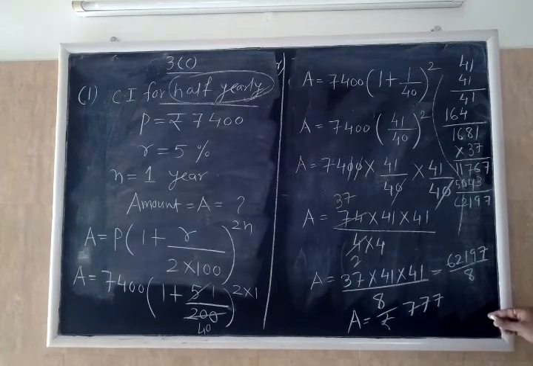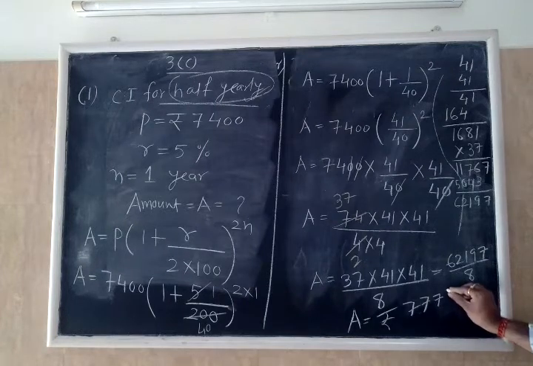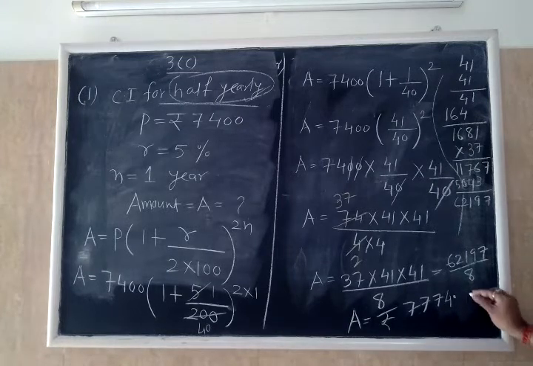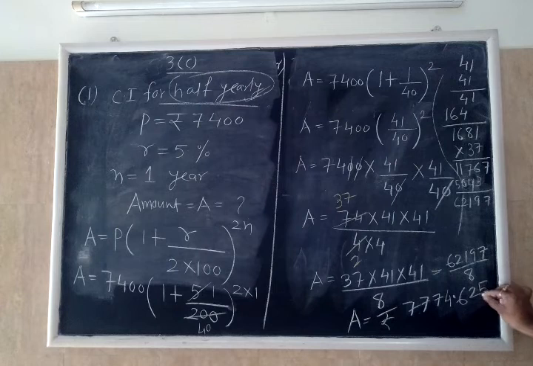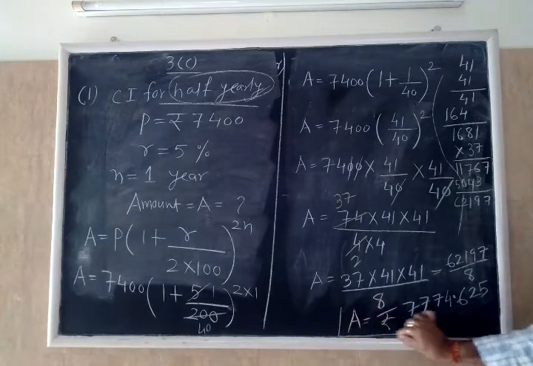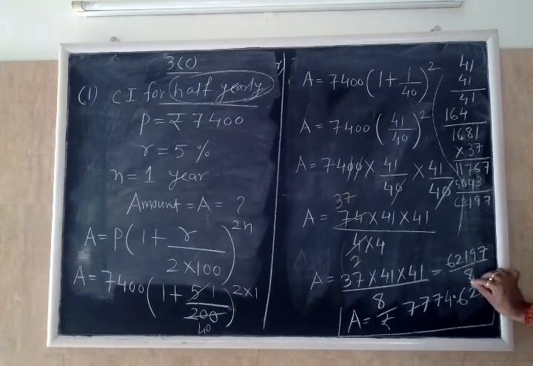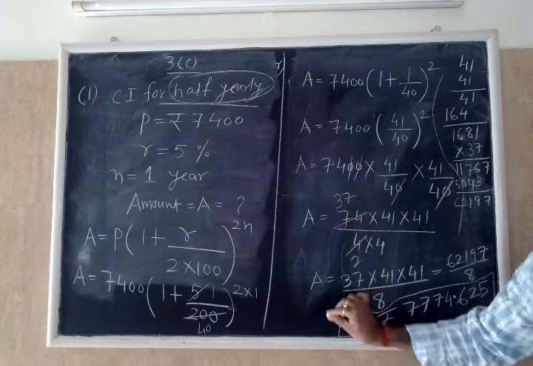Then 3, 37. 8 4s are 32. Then 50. Point will come. 50. 8 6s are 48. Then 20. 8 2s are 16. Then 40. 625. Yes, 7,774.625. What is the answer?